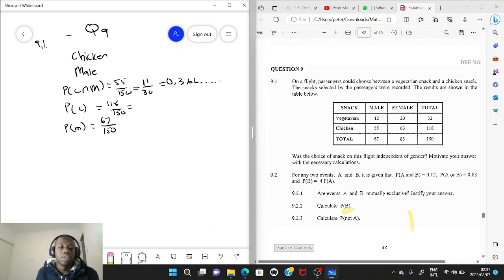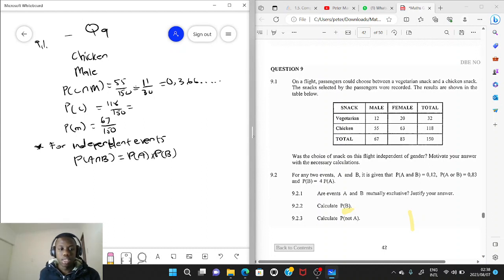And then we have the second part. Do not forget that you have to state the condition. For independent events, note that the probability of A and B must be equal to the probability of A multiplied by the probability of B. We were able to find the left hand side, so we are only left with the right hand side.